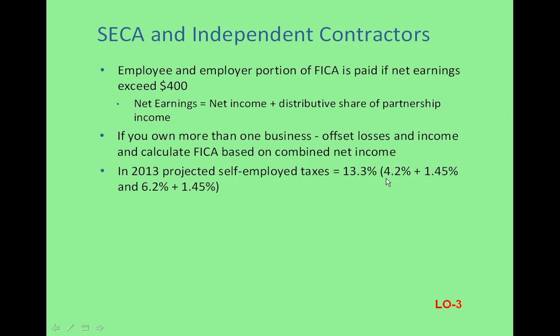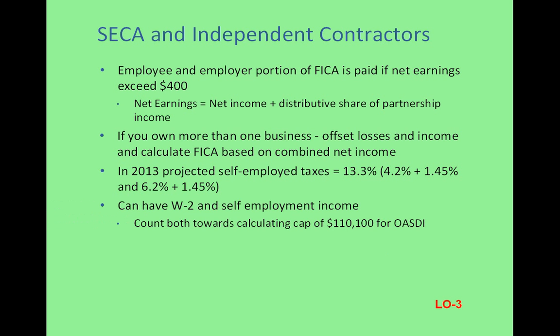But you pay both the Social Security and the health insurance or Medicare, and you pay it for both the employee and the employer if you're self-employed. You can have other income from other sources, be employed by someone else, and have self-employment income.